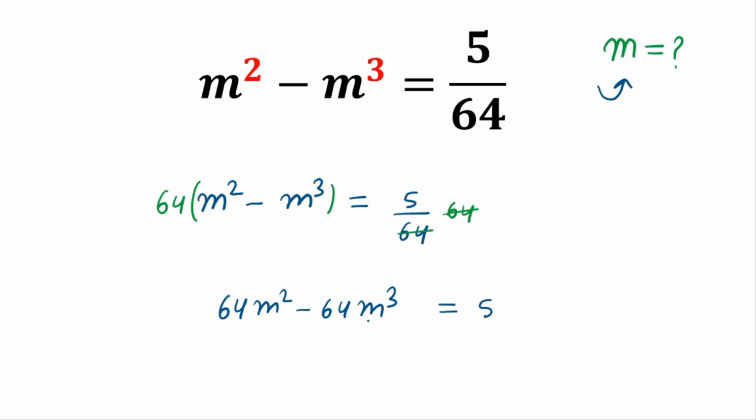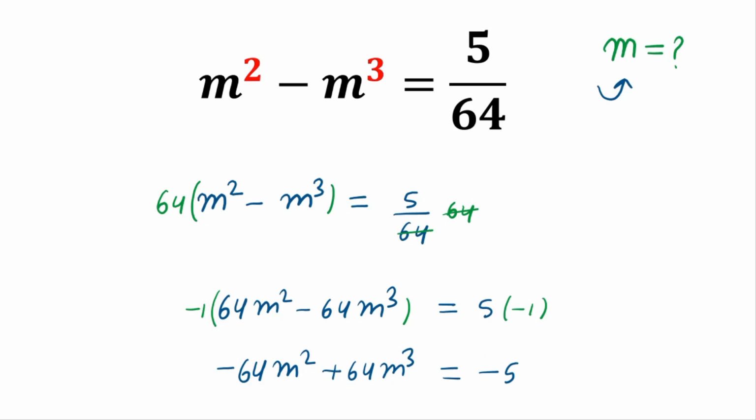Here the coefficient of m cube is negative. So if we multiply both sides by minus 1, the right hand side is also multiplied by minus 1. On the left hand side, minus 1 multiplied by 64 m square gives minus 64 m square, and minus 1 multiplied by minus 64 m cube gives plus 64 m cube, and this equals minus 5.